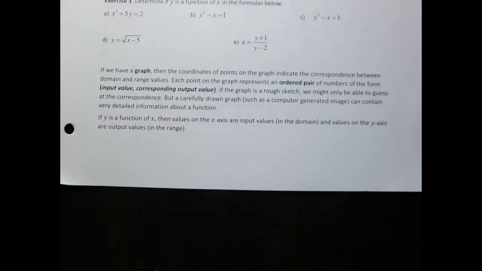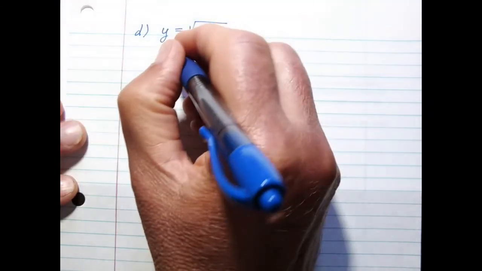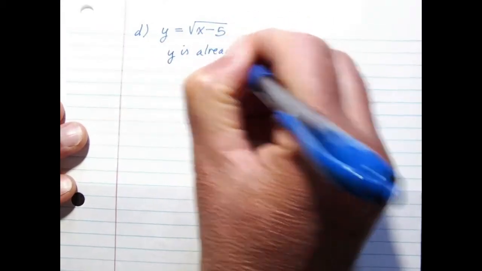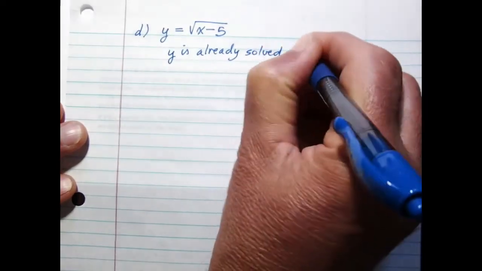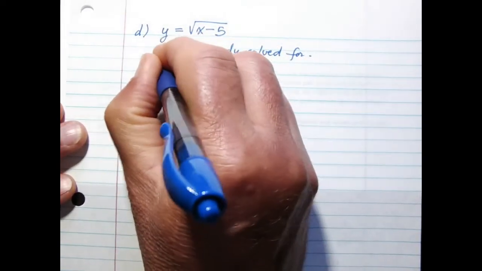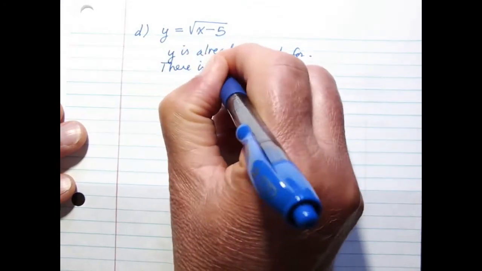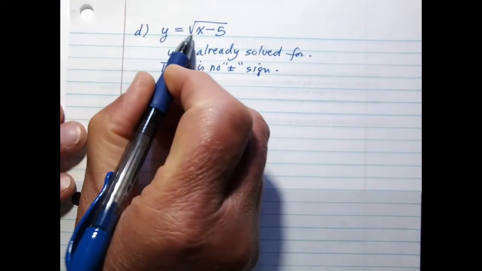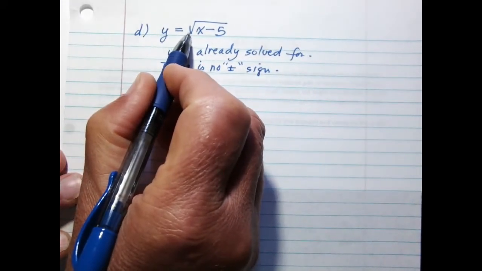Let's move on to part D. y equals the square root of x minus 5. There we go. And y is already solved for. And there is no plus or minus sign. A radical sign by itself does not mean plus or minus.